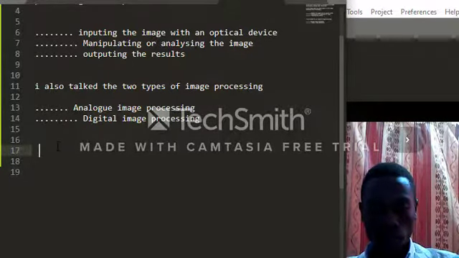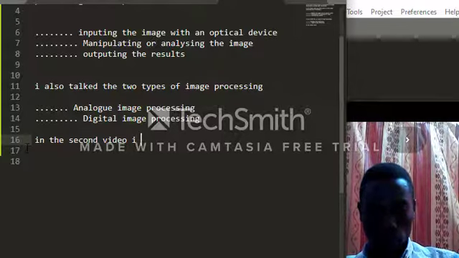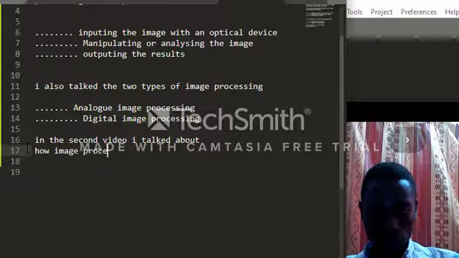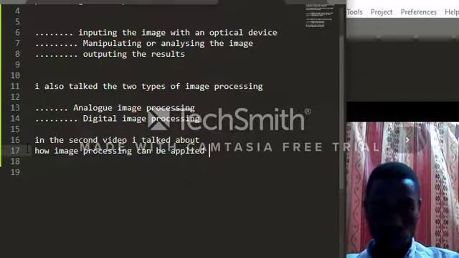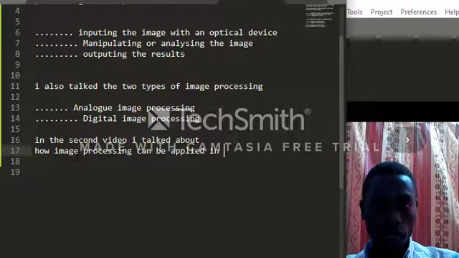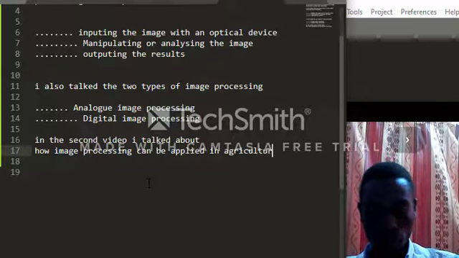So in the second video I talked about how image processing can be applied in the agricultural sector.